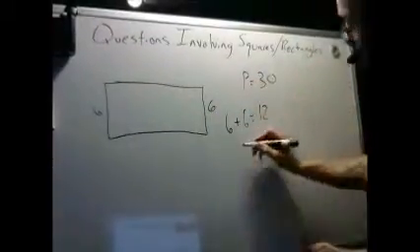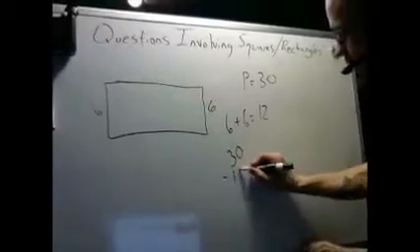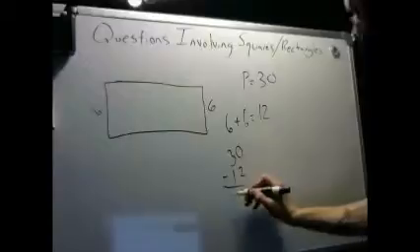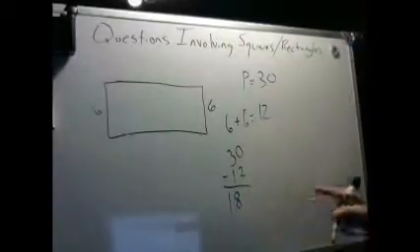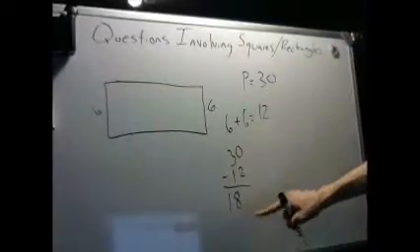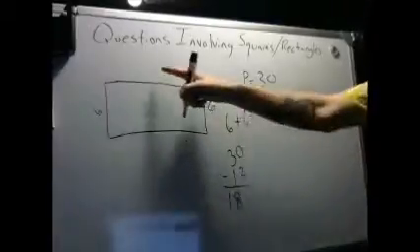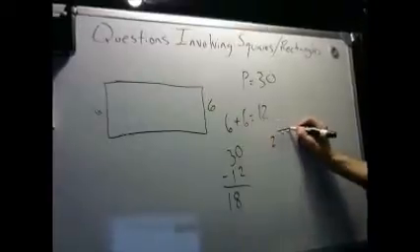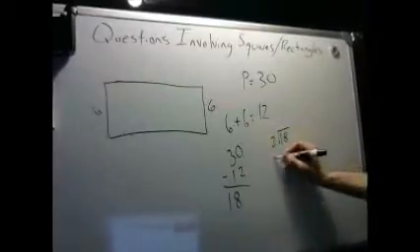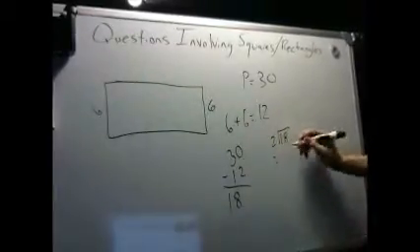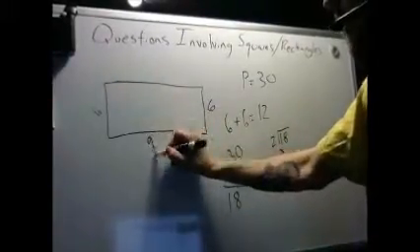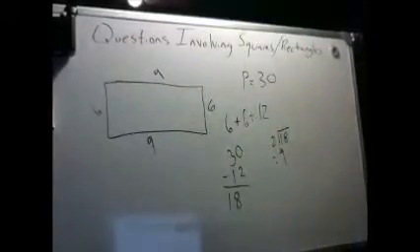Now, to figure out these sides, we take 30 and subtract 12 from it, and that gives us the total of the sides, which is 18. Now that number we need to divide by 2 to get the lengths of the sides. If we divide 18 by 2, we get 9. Therefore, we know that the sides of each of these are equal to 9.